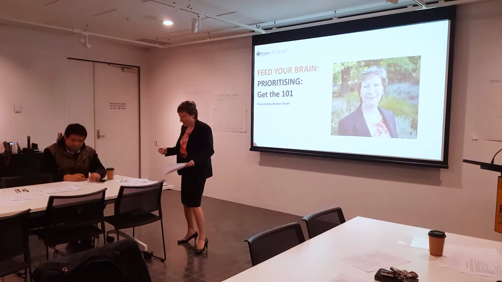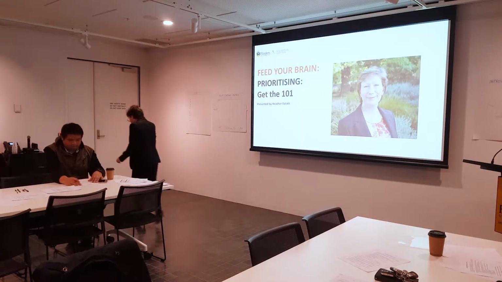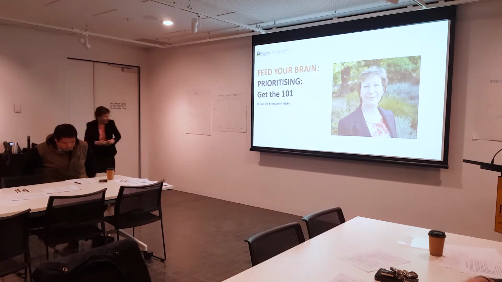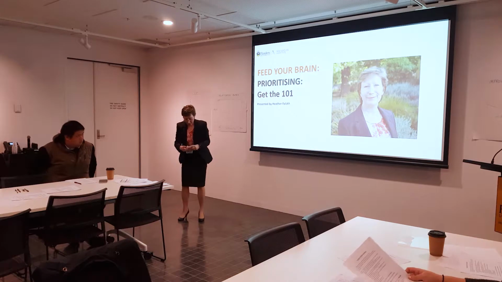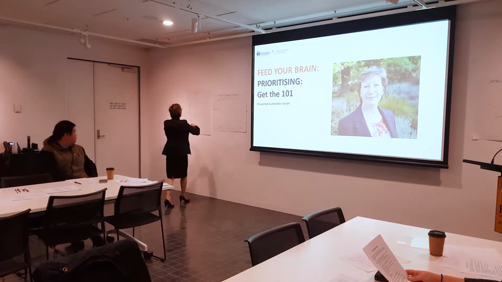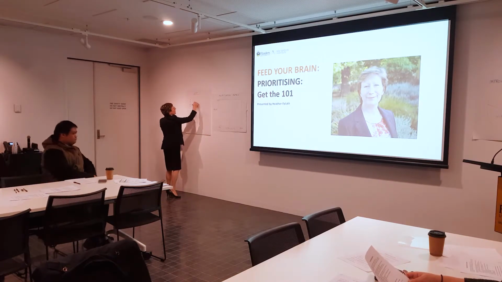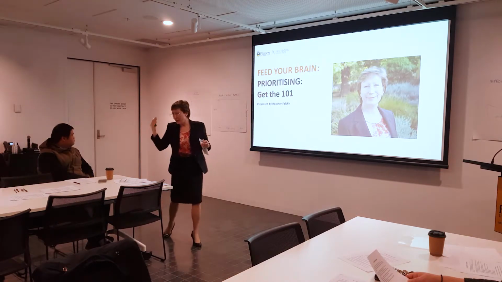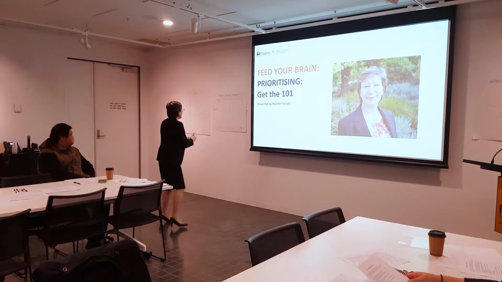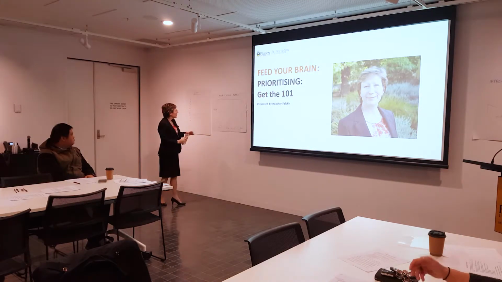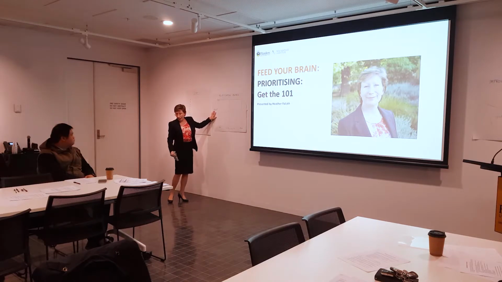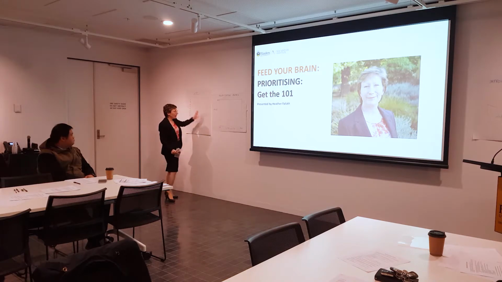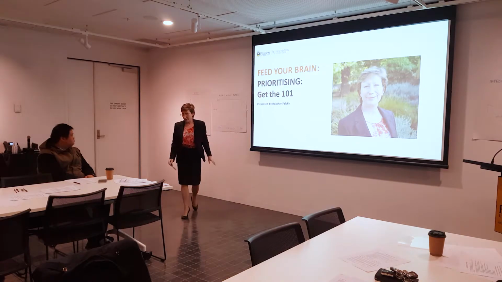So how does the prioritisation matrix work? Basically, you start with a list of things and you number them. Then what you do is you decide how much value it would be to do something about that item and what degree of difficulty will it be.